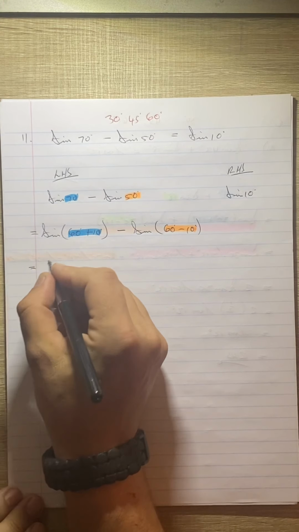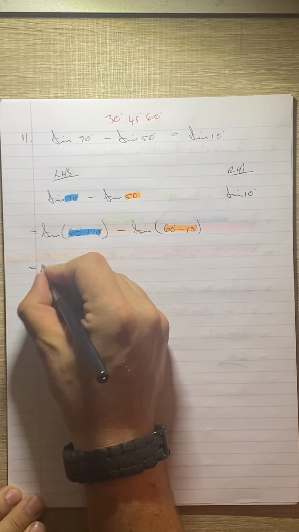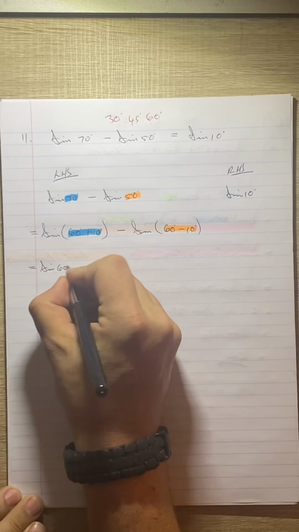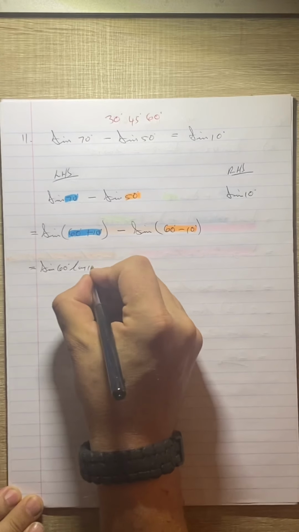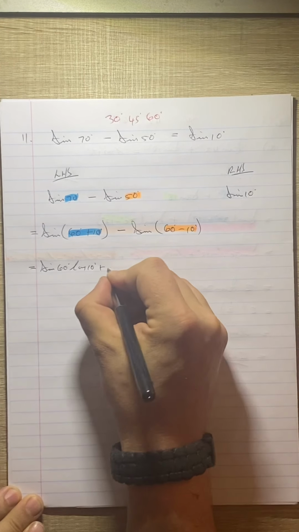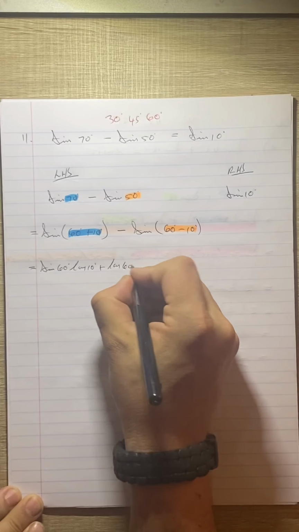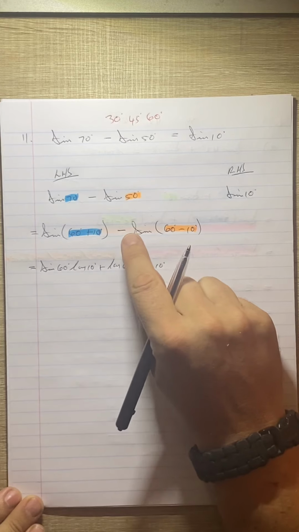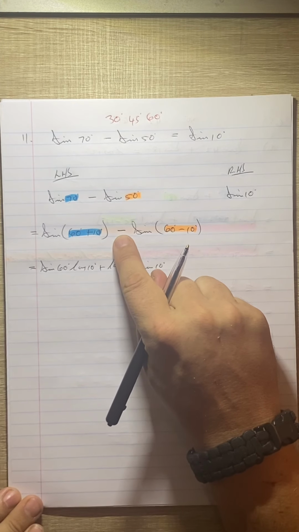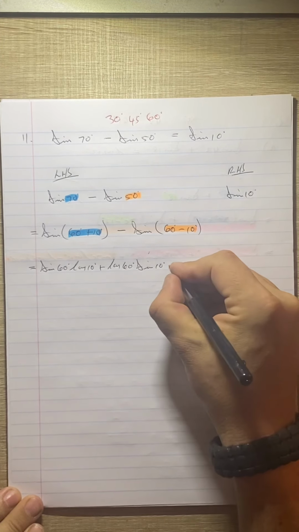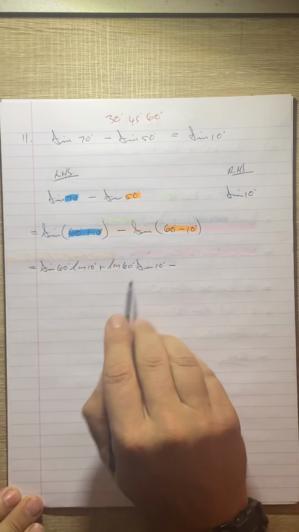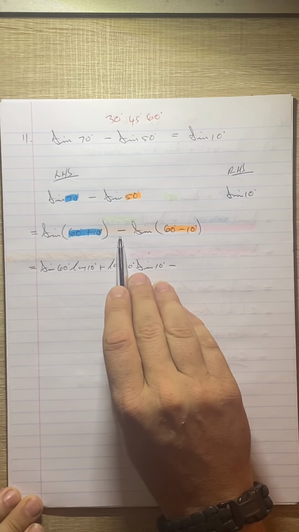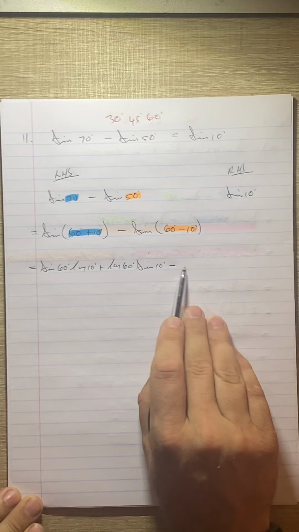So this first one here will become sine 60 cos 10 plus cos 60 sine 10. Now, just be very careful with this one, grade 12s, because we've got this minus here. So obviously we're going to expand this thing and it'll come out to something like this, but we still need to distribute that negative into both of those things.